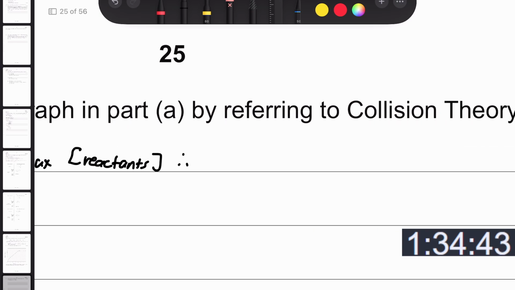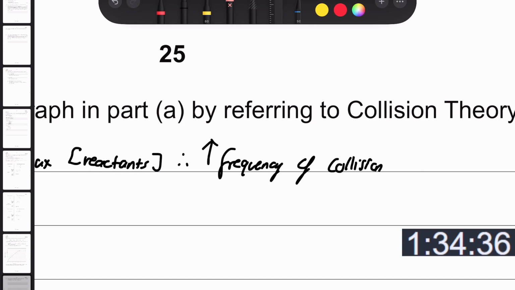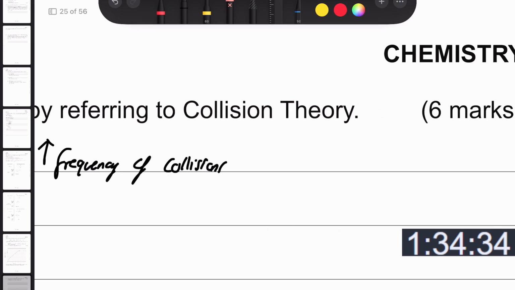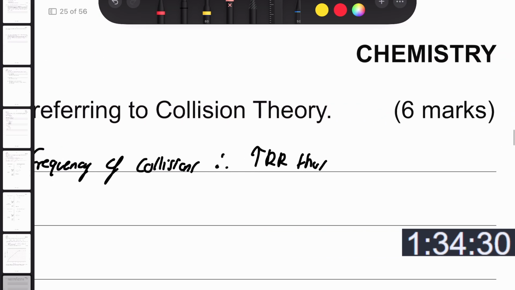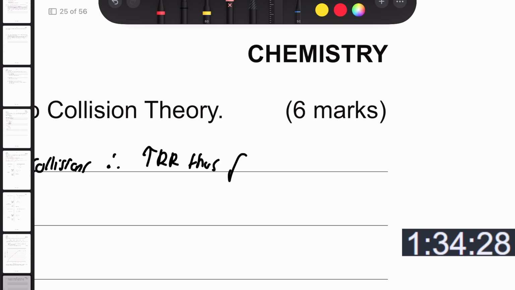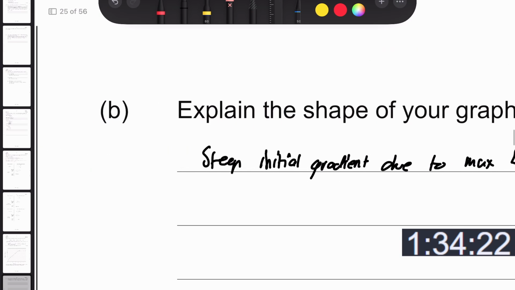Therefore, increased frequency of collisions. Therefore, increased reaction rate. Thus, fastest formation of products.